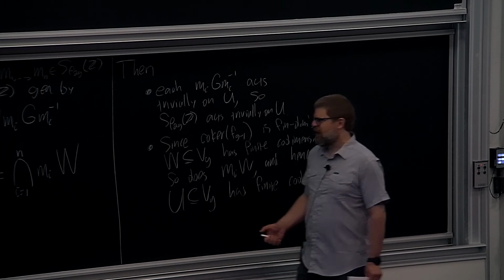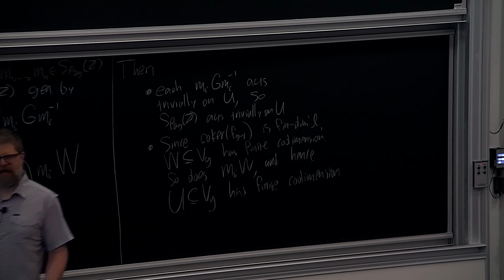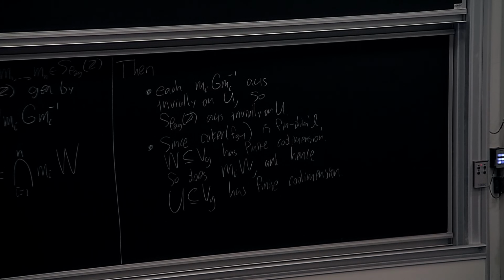Because I'm intersecting finitely many subspaces, each of which has finite codimension, so the codimension can't become infinite. Okay? So I have these two properties. I found a subspace which has finite codimension on which the symplectic group is acting trivially. Are there any questions? This is the key. We're almost done.